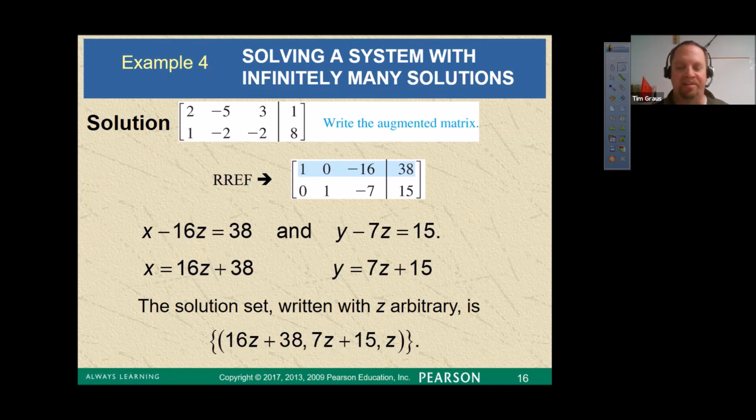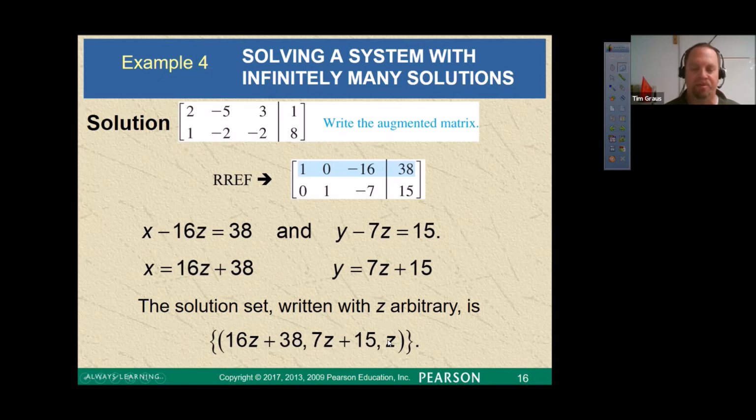What this means is that I could pick any value for z, and I could generate a set of 3 numbers that would solve this system of equations. For instance, I could let z equal 0, and my triple would be 38, 15, 0. I could let z equal 1, and my solution would be 16 plus 38 for x, 7 plus 15 for y, and 1 for z.